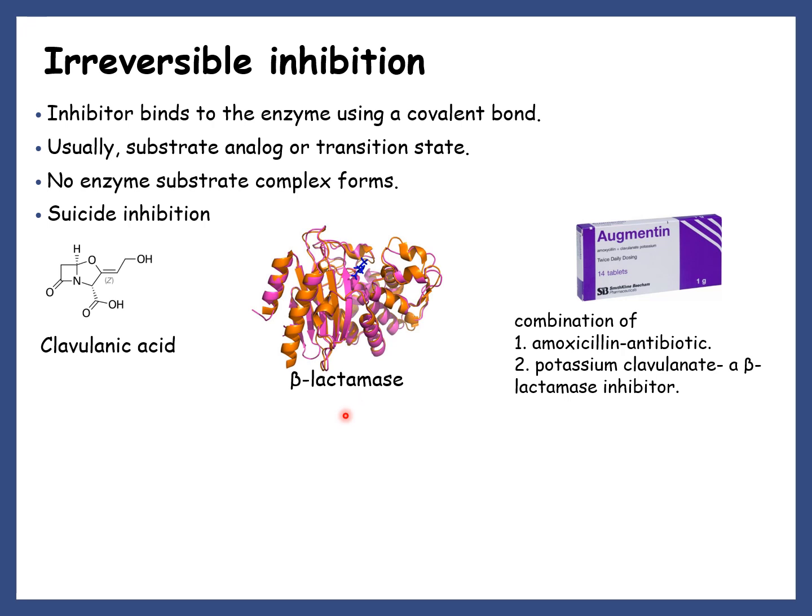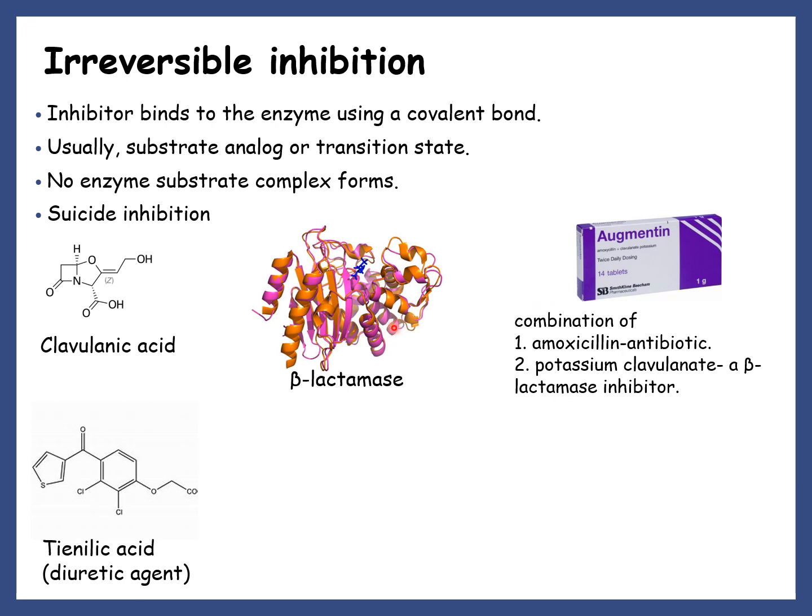So now this beta lactamase, even if it's present in the bacteria, is irreversibly inhibited by the clavulanic acid, and it would no longer be available to break down the antibiotic, and the antibiotic can go on and function. So that's why Augmentin is effective.